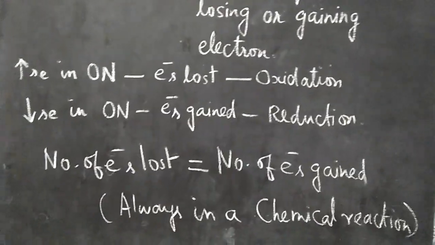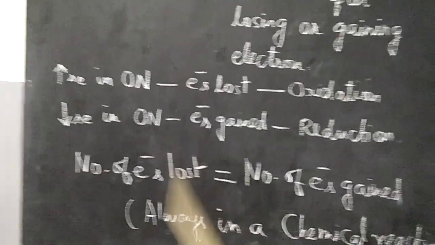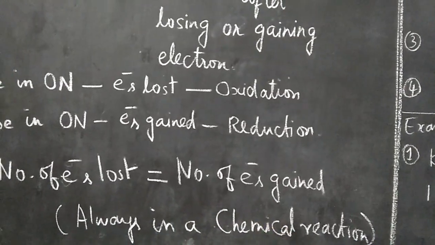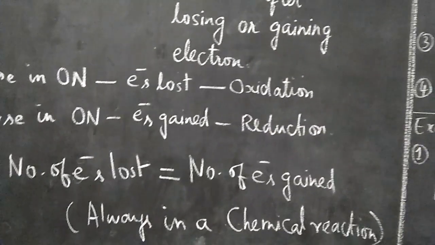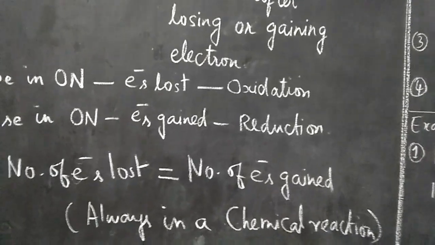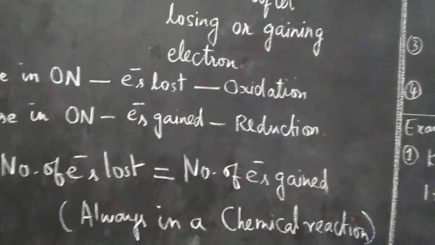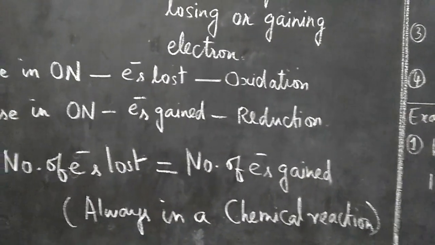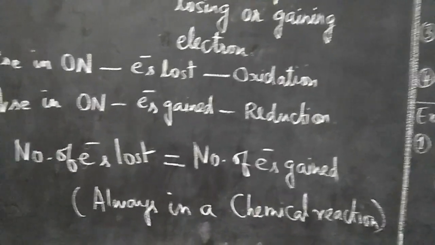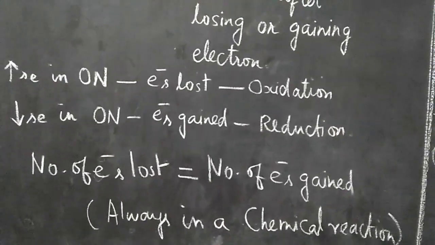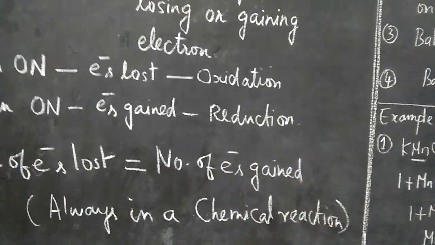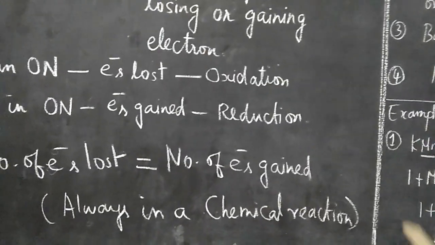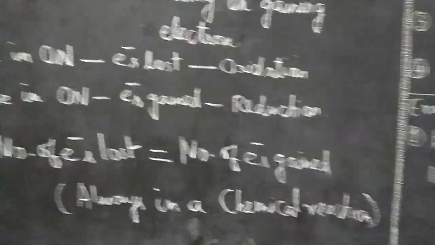Always in a reaction, the number of electrons lost will be equal to the number of electrons gained. So when an element is losing electrons, where will the electrons go? They will be gained by some other element. So always oxidation and reduction go hand in hand with each other. So the number of electrons lost will be equal to the number of electrons gained in a particular chemical reaction.